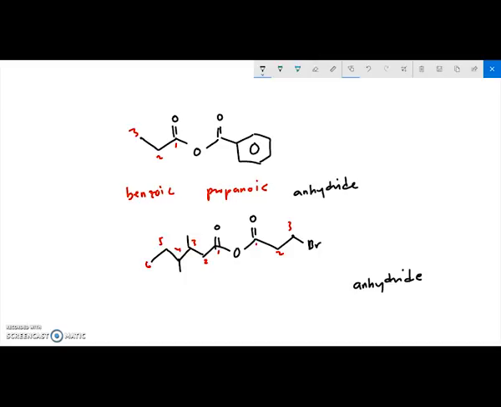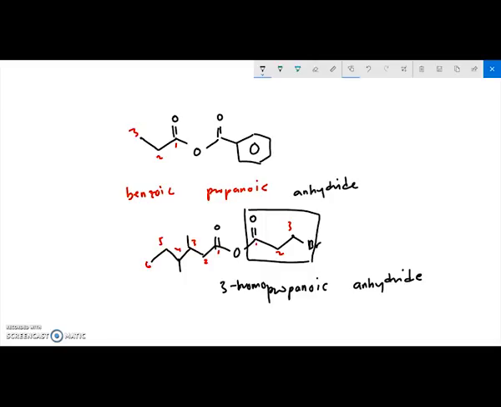The structure over here. So 3 carbon we call as propanoic. And then we have the substituent at the third carbon, therefore it becomes 3-bromopropanoic.